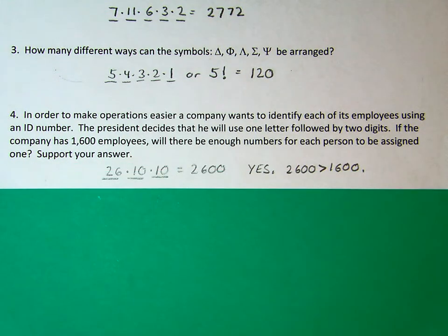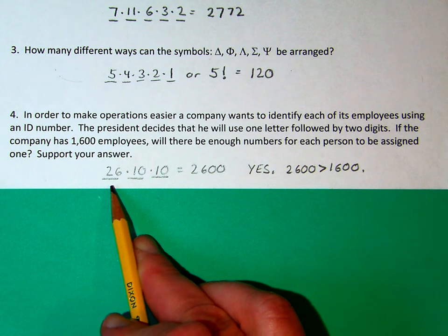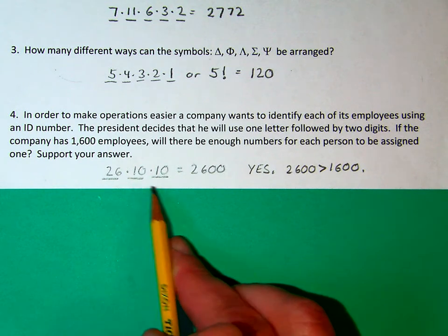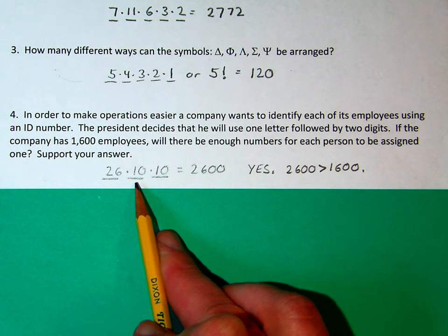So we have 3 events, so we're making 3 choices. It's a letter followed by 2 digits. So 26 letters to choose from for the first slot of the ID number, and then 10 digits for each of the next 2. 10 total digits because you have 1 through 9, and then the digit 0 is the 10th one that some people forget about.